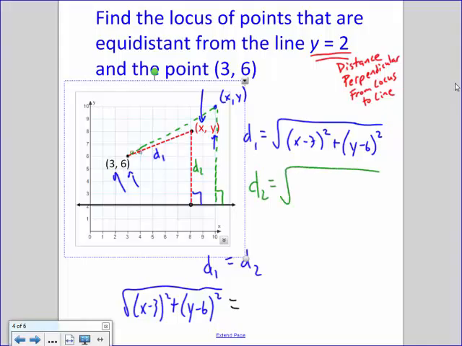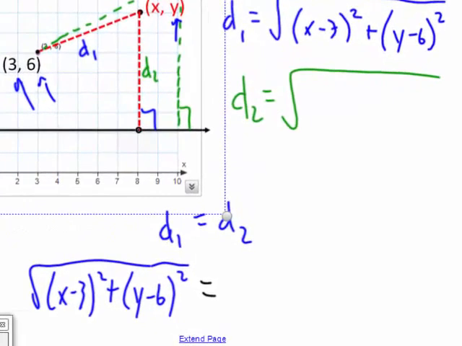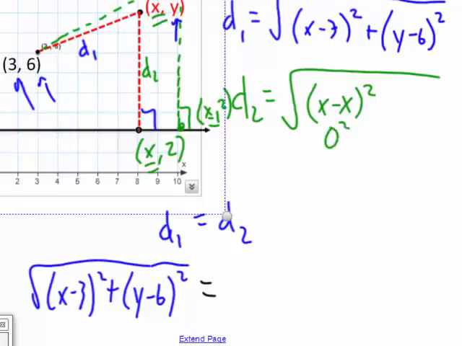So let's think about this now. If we consider the line perpendicular, the x's are going to be the same value, right? Because it's always going to be x and then 2. And this point right here would be x and then 2. Because the x's would actually match each other. So really we're going x minus x squared, which is really 0 squared. So that's 0.